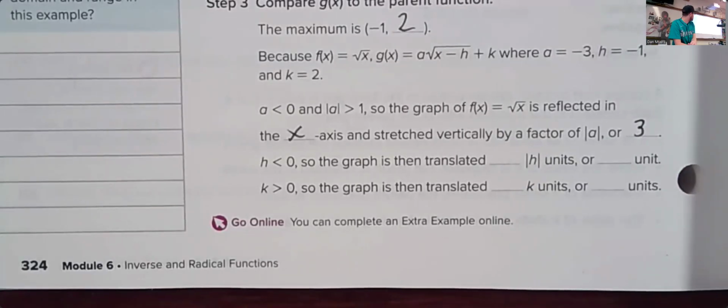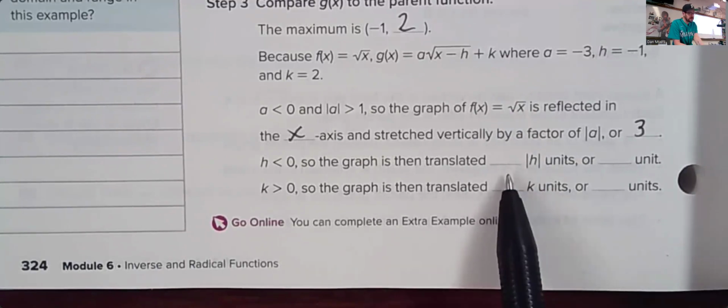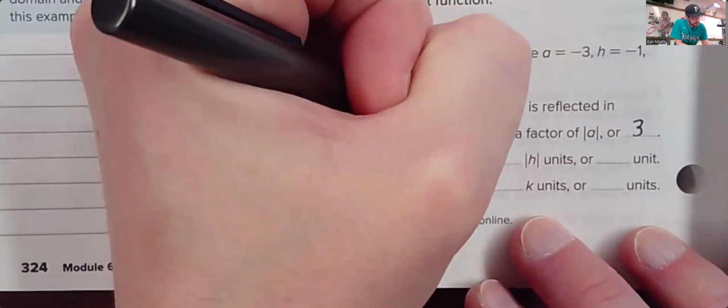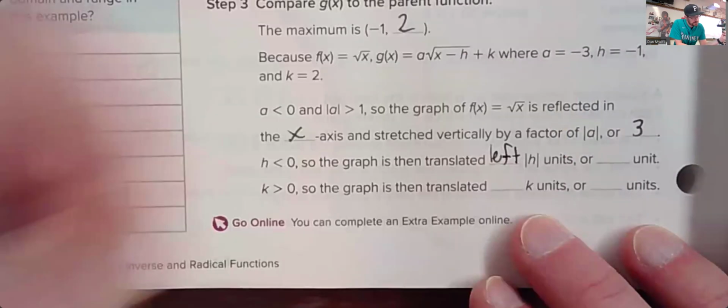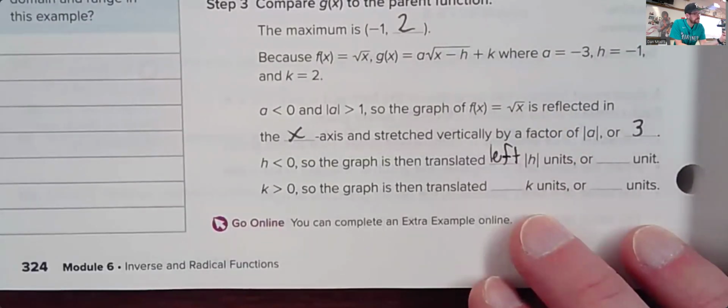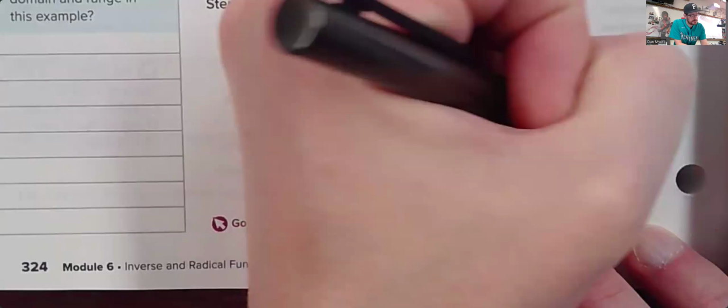Because h is less than 0, the graph is translated how many, which direction, left or right? Left. How many units? 1.